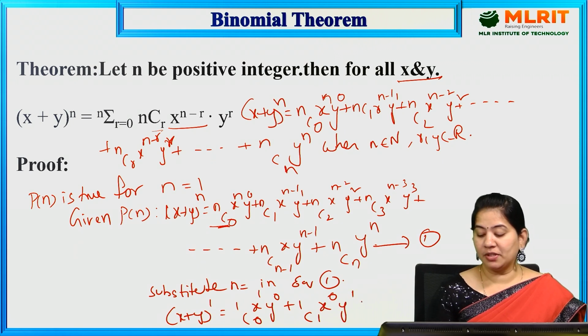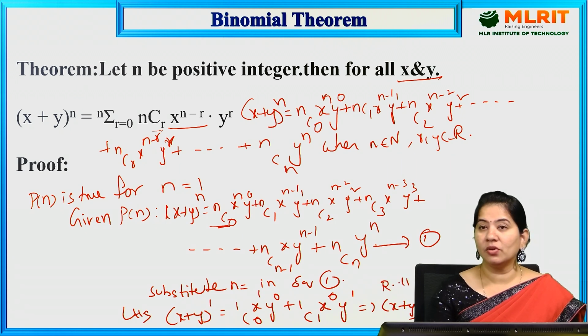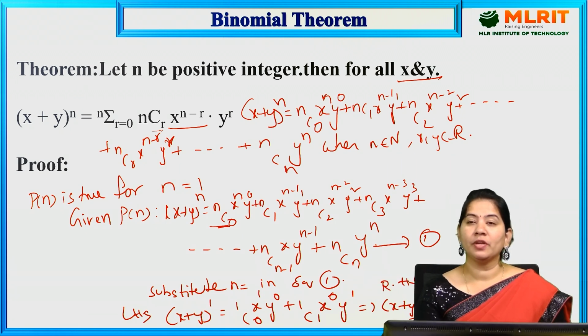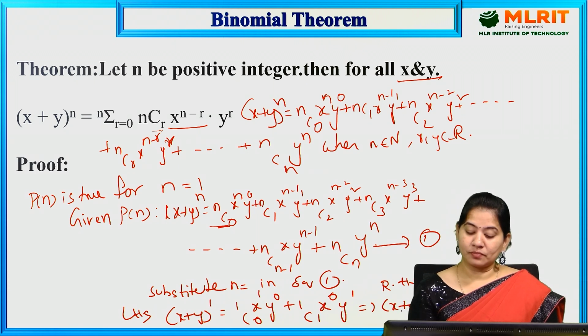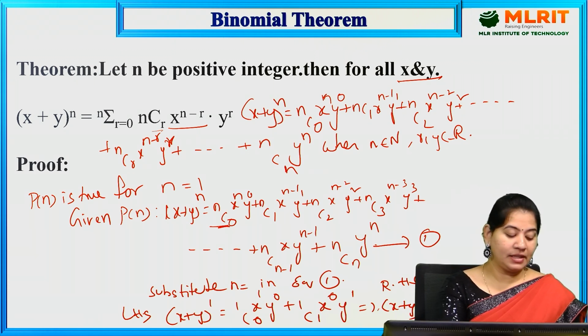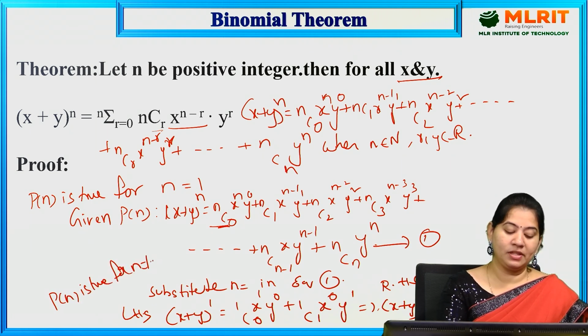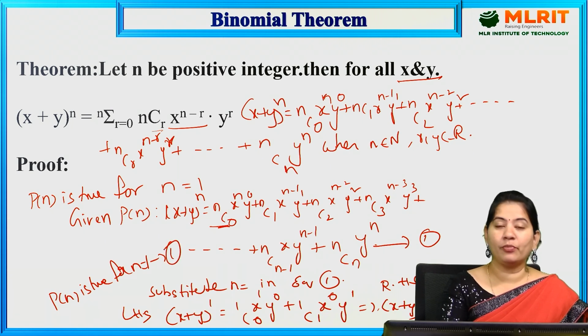If you observe, the answer is x plus y only. So LHS is x plus y, and RHS is also x plus y. Both are equal, LHS equals RHS. So we can say that P of n is true for n is equal to 1. This is step 1.